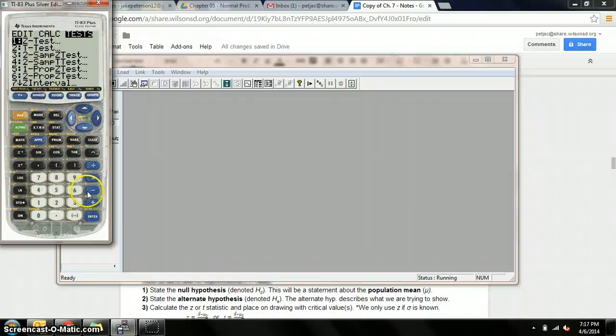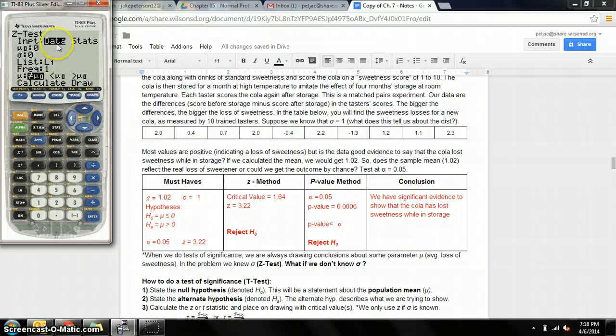Well, z-test is what we want to do here, so we go into z-test. We have the stats in this problem, so we're going to use the stats. So our mean sub 0 is what our hypothesis says here, so it says 0, so I'm just going to keep it as that. Our standard deviation is 1. Okay, oh, we wanted stats, sorry about that.